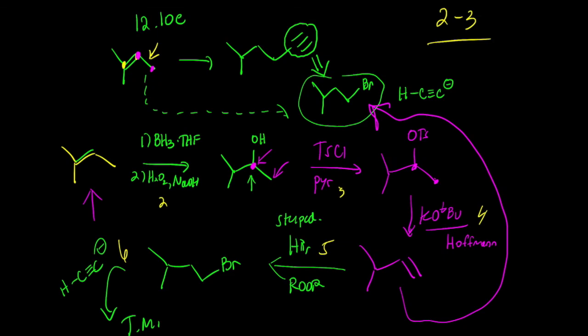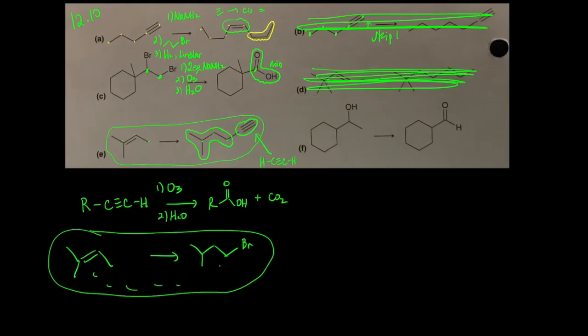Problem F is doable. If we look at this molecule here, we can see that there's 2 carbons hanging off. There's only 1, so we need to do ozonolysis. Ozonolysis is performed on alkenes or alkynes. So I need to think about how do I make an alkene between these two carbons. I want a carbon-carbon double bond between those two carbons.